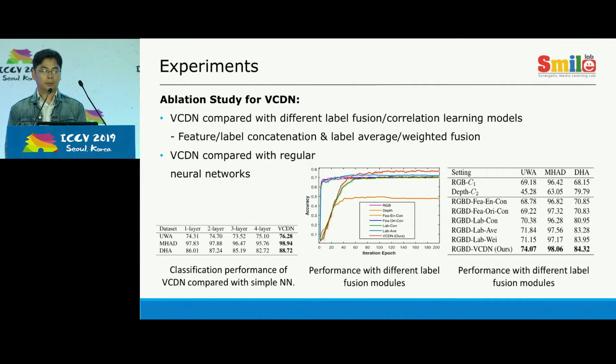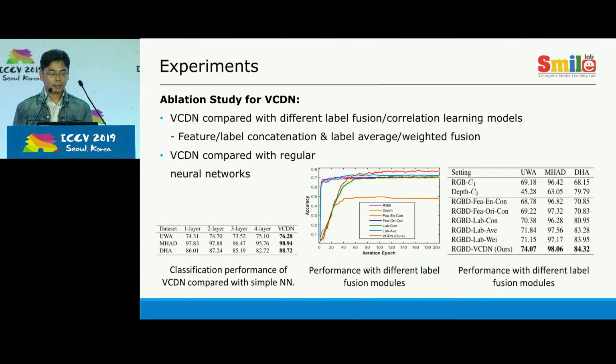And we also did an ablation study for the VCDN module, since we use a different strategy to fuse the knowledge. And we compare with several fusion strategies like feature and label concatenation and label average fusion or label weighted fusion. And we even compared with the regular neural network classifier, like SoftMax.